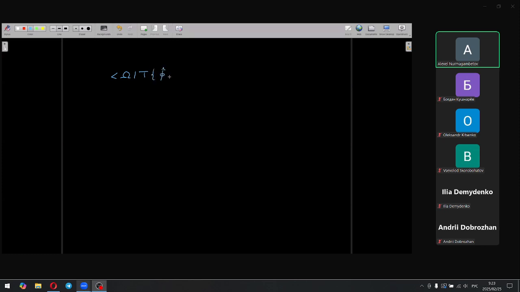Here we have operators in the Heisenberg representation depending on space-time points x1 and x2. And this is the standard definition of the two-point correlation function coming from quantum field theory.